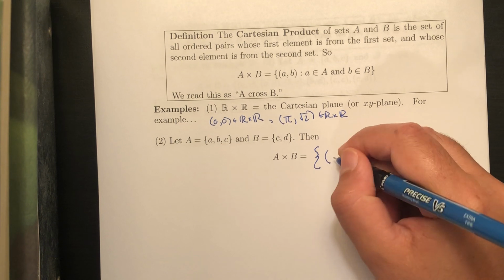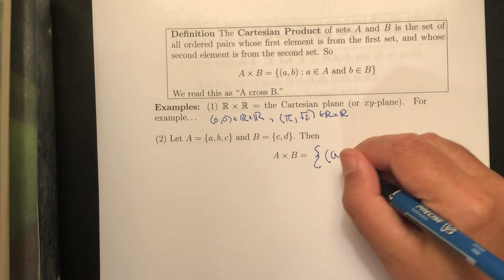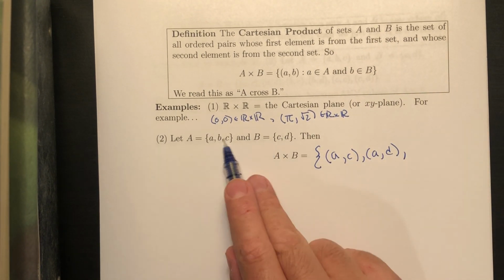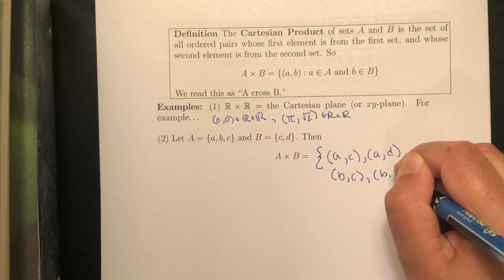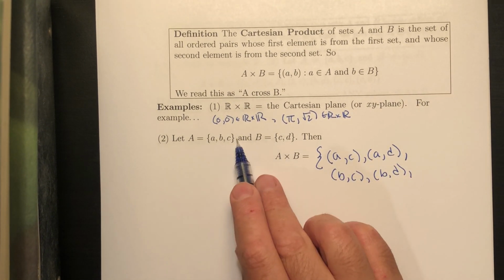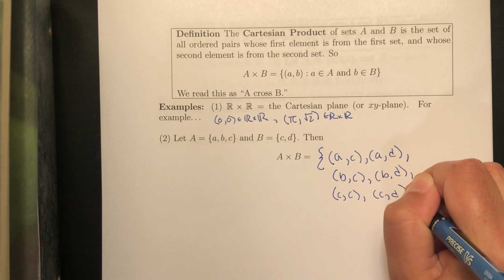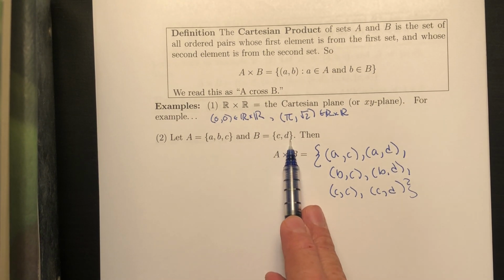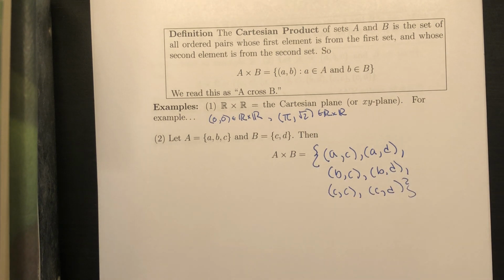So this is going to consist of the ordered pairs (a, c), (a, d), then (b, c), (b, d), and finally (c, c), (c, d). Okay, so if there's 3 elements in the first set and 2 elements in the second set, then there's going to be 3 times 2 elements in the Cartesian product. So 6 elements in the product, 6 ordered pairs.